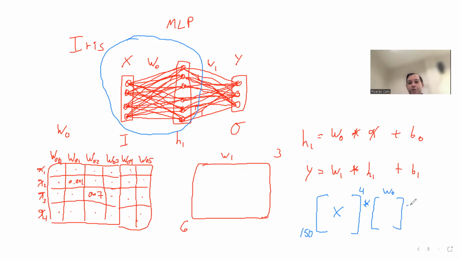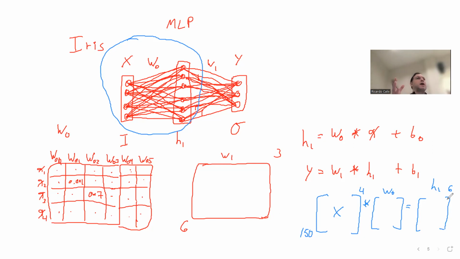But I do know for sure that the hidden one, this hidden one, which is this neural network layer, should have a dimension of 6 now instead of 4, right? We know that because 1, 2, 3, 4, 5, 6. You see that? But we need to do that for all 150 samples or the 32 samples in the batch.